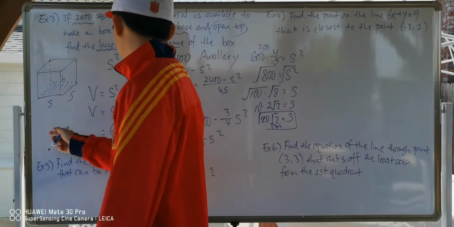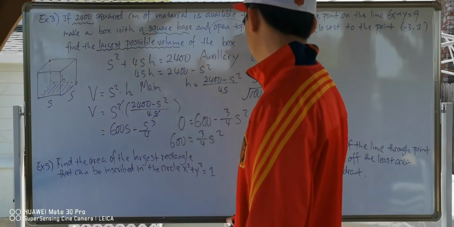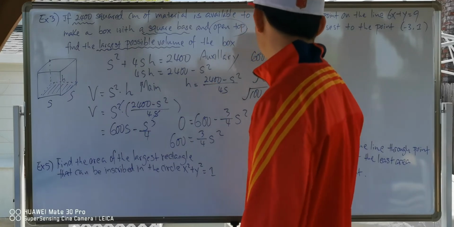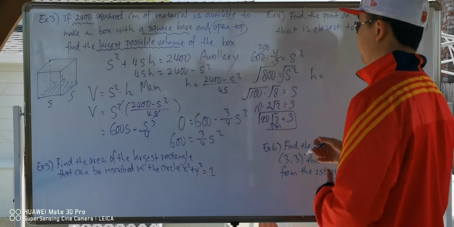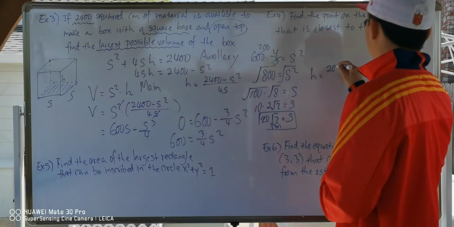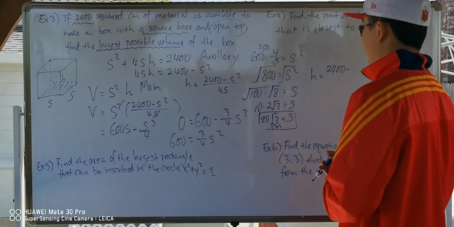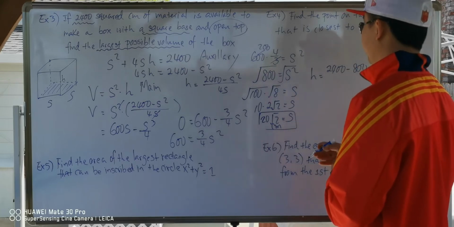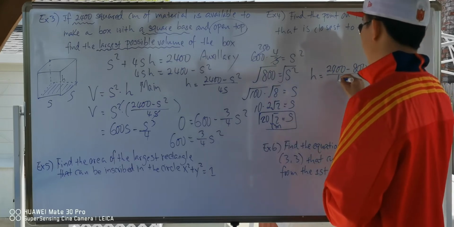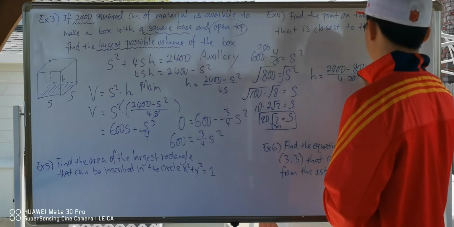Now you need to find the height. The way to find the height is to plug the number back into the auxiliary equation, the one that you isolated. So h equals 2400 minus s squared, which is 800, divided by 4 times s, 20 root 2.